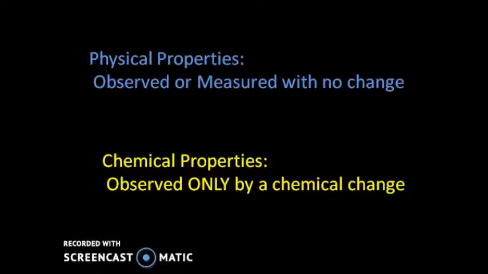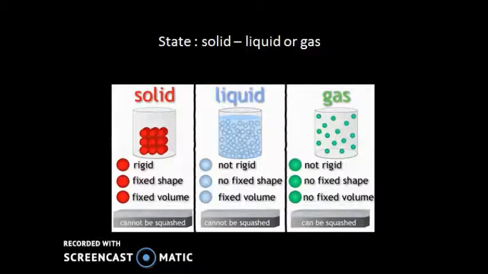So the first set of properties are physical properties, and the first one is state, meaning whether it's a solid, liquid, or a gas. So if this were water, if it was water as a solid, it would be ice, but the molecule would still be H2O.